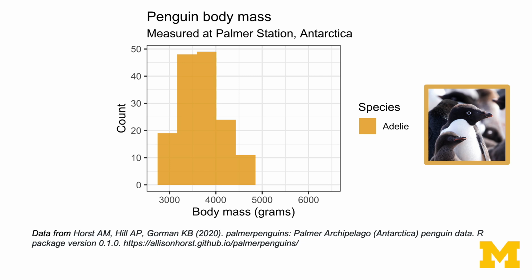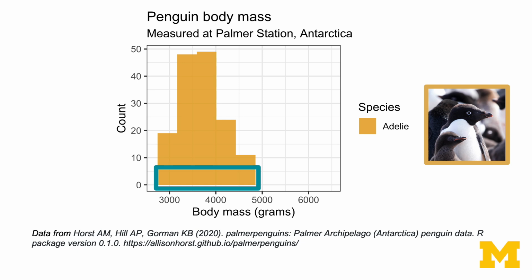And so we can see a couple of things about it. First, we're looking at their body mass. So body mass is on the x-axis here. So this axis here is body mass going from smallest to largest. We have the count, so that's how many penguins there were of a given body mass. We have some plausible range.